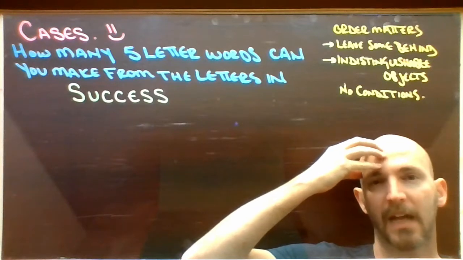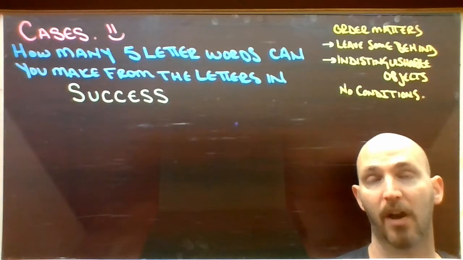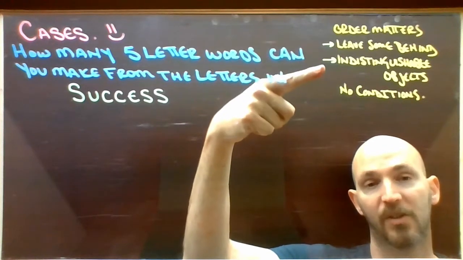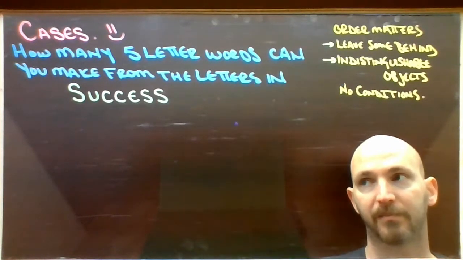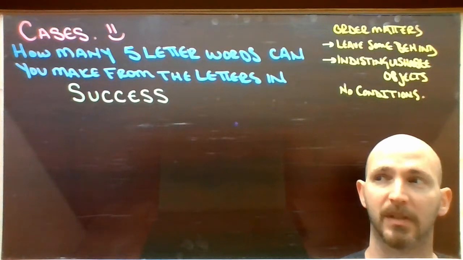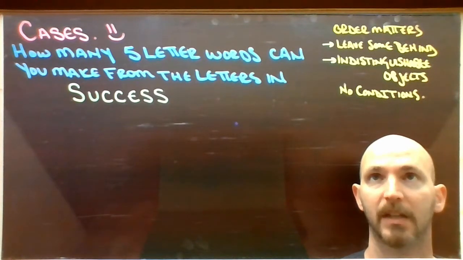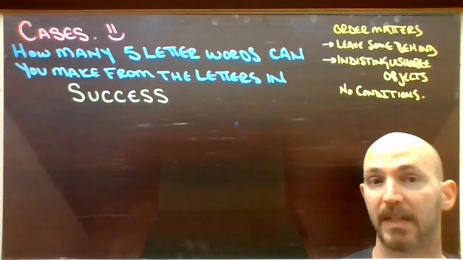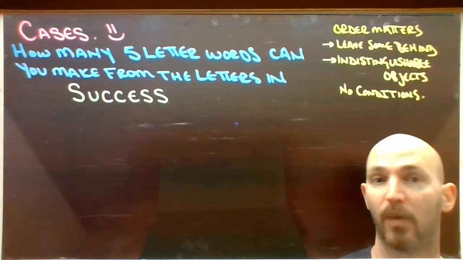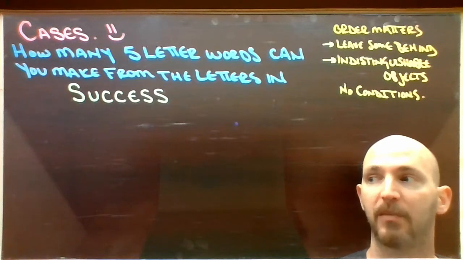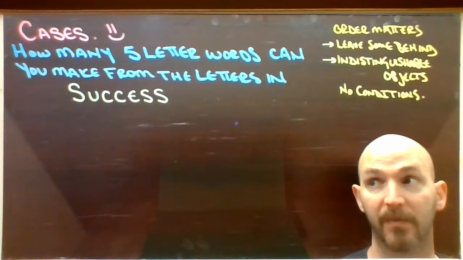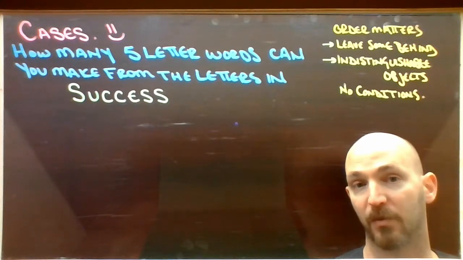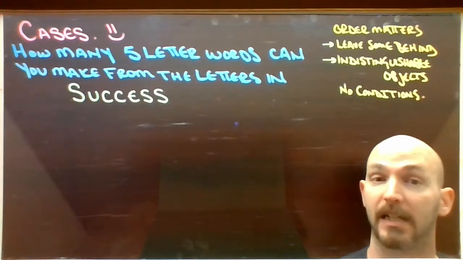So the technique I'm going to use is to manually deal with some letters being left behind. Once I do that, I should be able to count the shufflings of the letters that I am taking and deal with the indistinguishable objects with our counting techniques.